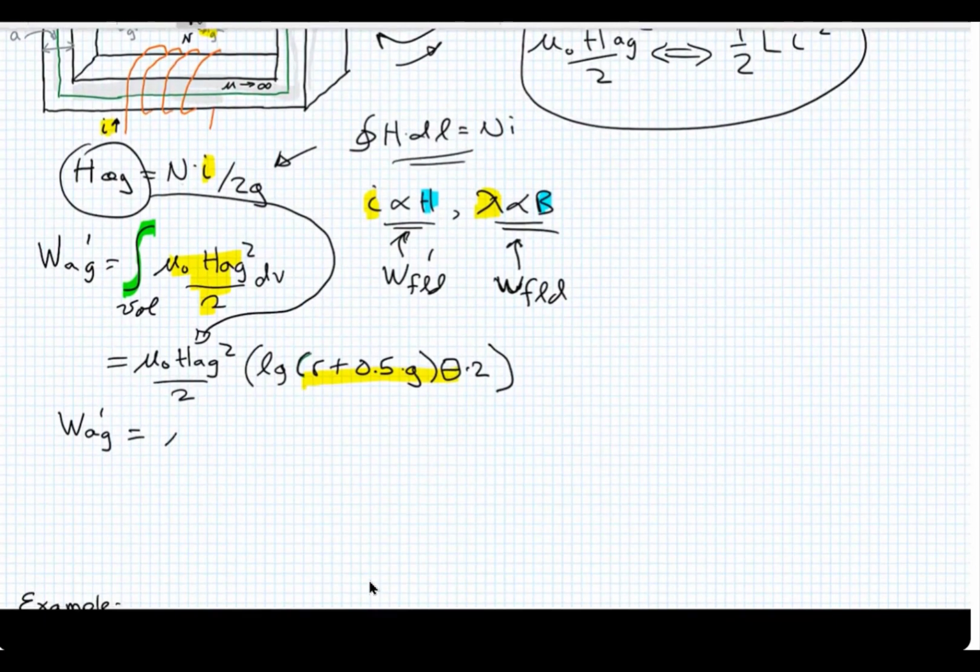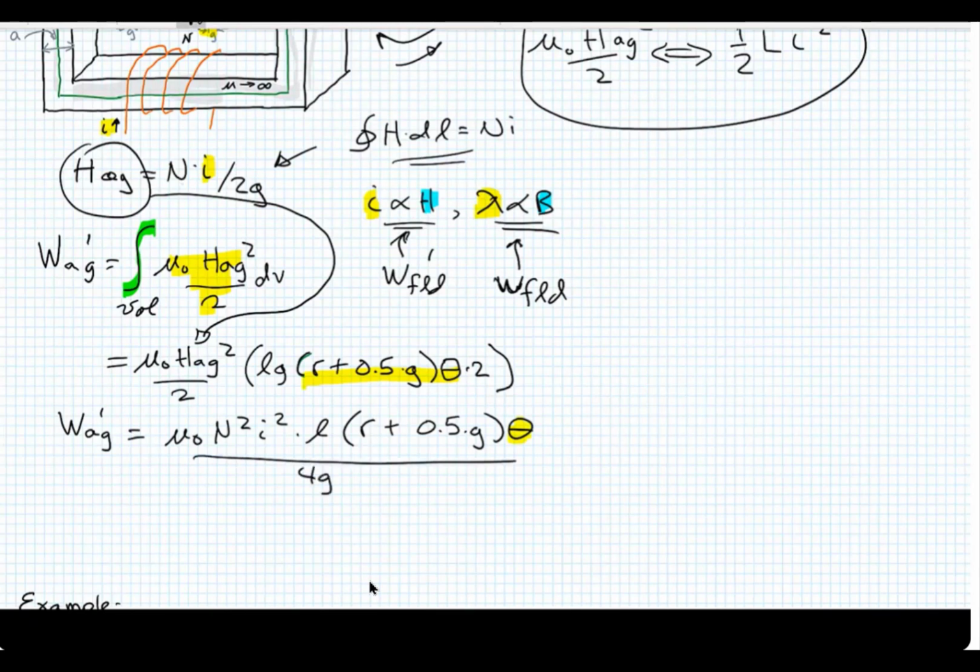It ends up simplifying to this expression here: mu naught N squared I squared times the length times the radius that we defined plus 0.5 G times theta. And this is the thing that will vary. And then that's divided by 4G.